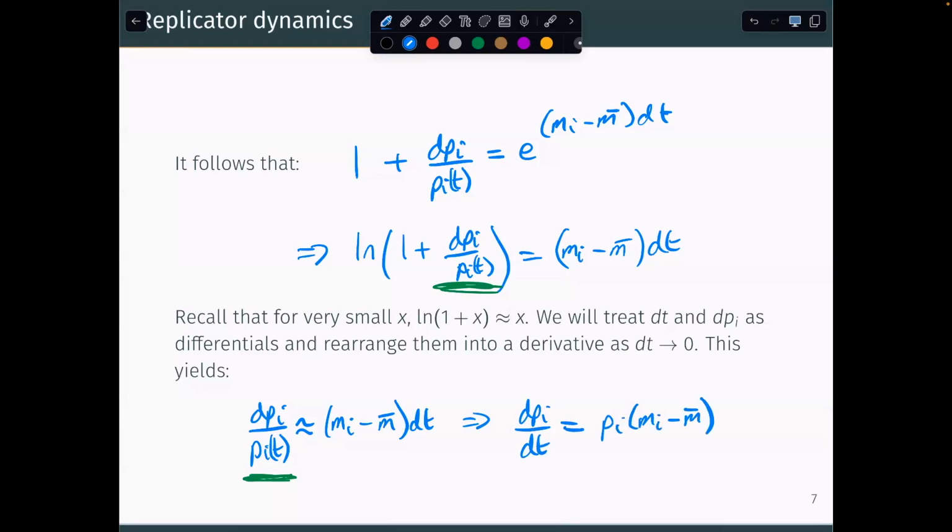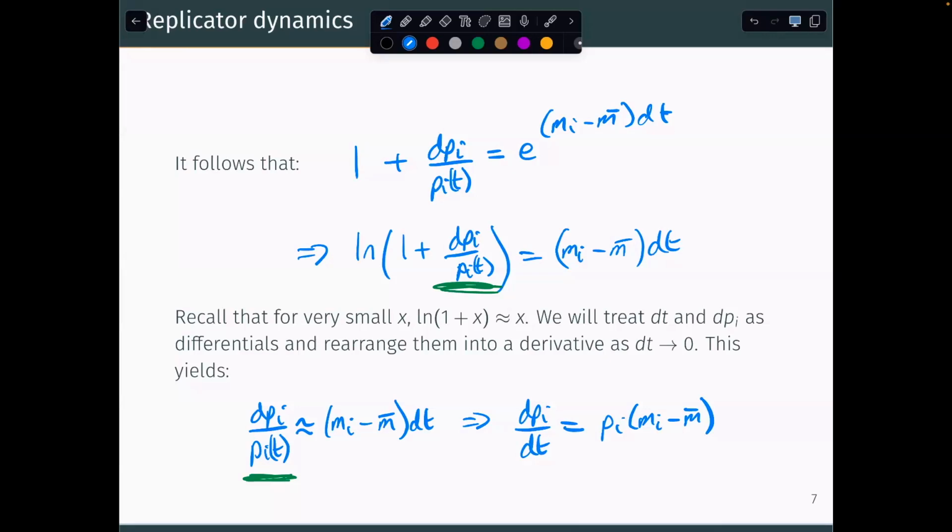So now we've got a differential equation in terms of our frequency of phenotype i. It's per capita growth rate and the per capita growth rate of the population. And this should look somewhat familiar, because this is quite similar to before when we had the frequency in our population genetics frameworks.